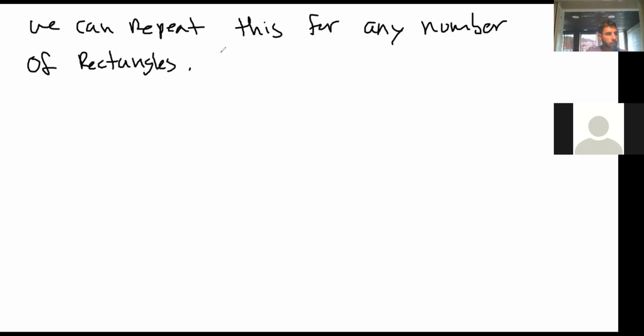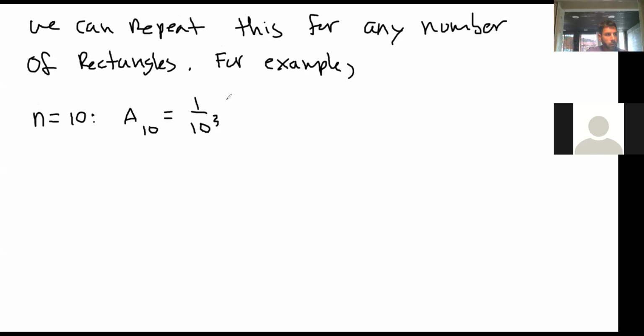For example, if you have n equals 10, then A sub 10 would be equal to 1 over 10 cubed times 1 squared plus 2 squared plus 3 squared all the way out, and you would stop once you got to 10 squared. And you might want to draw this so that you can verify it for yourself.